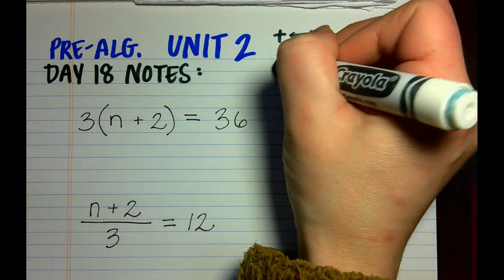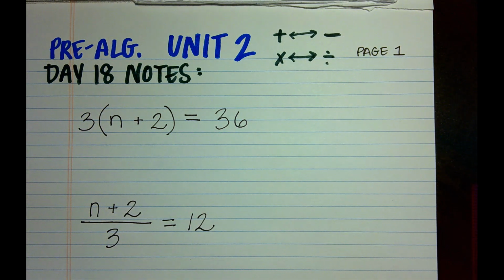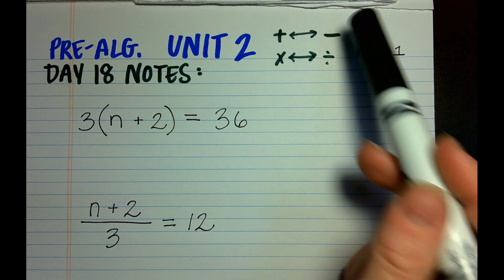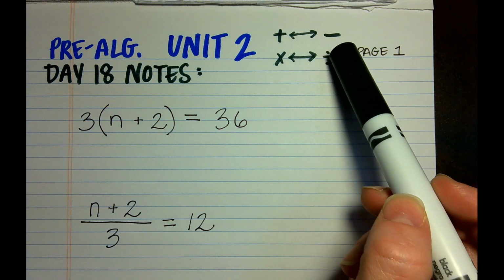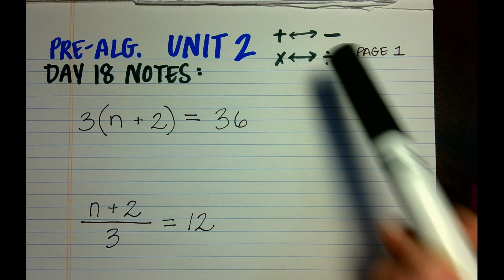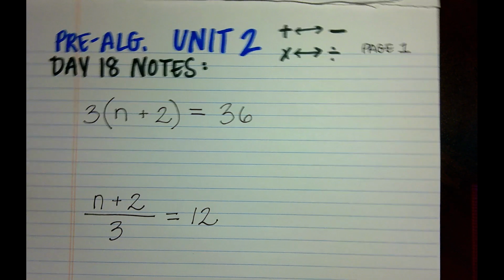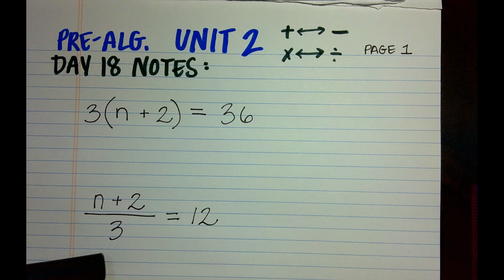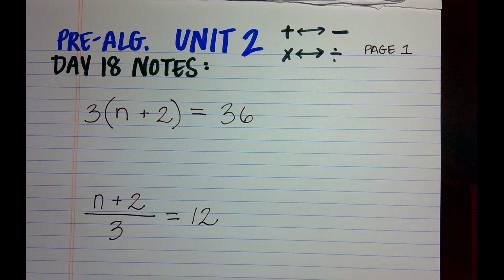Then we have our multiplication and division. And when we solve equations, this is also the order we do it in. First, we get rid of the plus and minus, then we get rid of the times and divide. Right? So here are 2 examples where this is an exception, meaning we don't necessarily follow the same order.